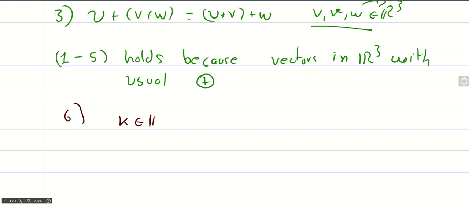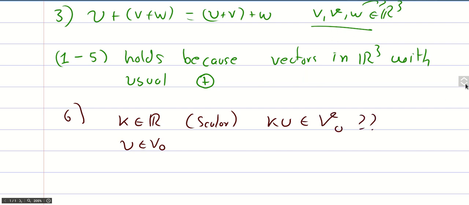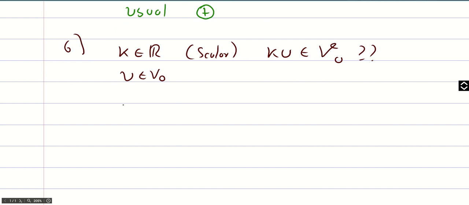Okay? Now, the 6th axiom, we cannot assure that it holds, because what the 6th axiom says is that considering any k in the reals, which is a scalar, then ku, with u an element of V0, is also part of V0. So now we need to again use the fact.